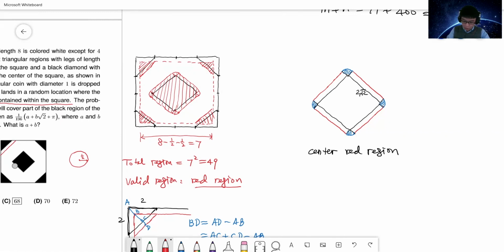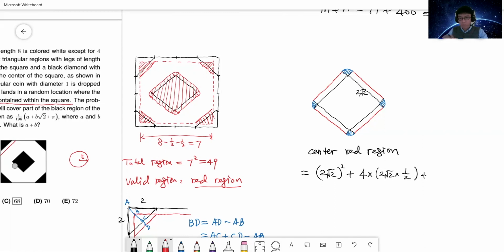It consists of three parts. The first part is the original black square, which is 2 root 2 squared. The second part is the 4 rectangular regions. 4 times the length, which is 2 root 2, and the width is 1/2. We have 4 pieces, so that's the region.